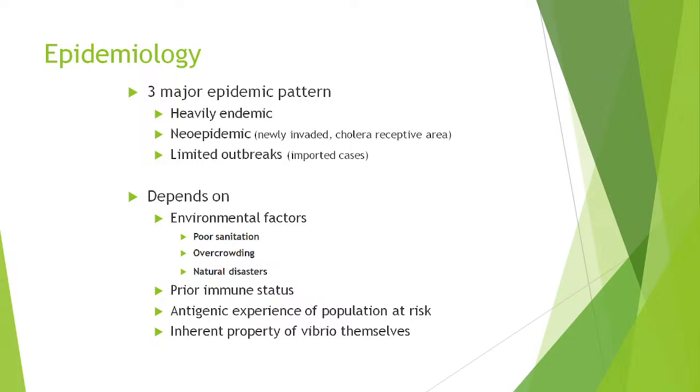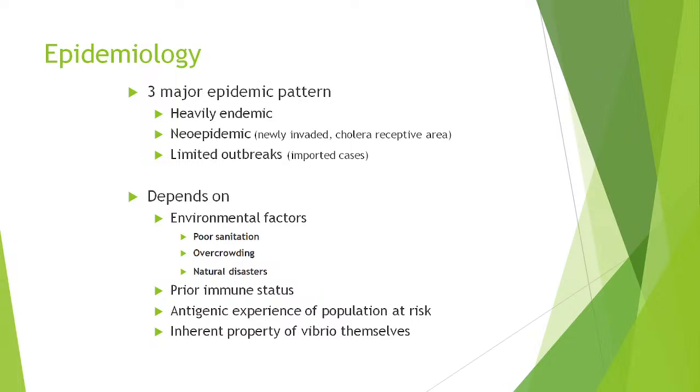So what are the different factors due to which Vibrio outbreaks can occur? One is the environmental factor, that is, poor sanitation, overcrowding, natural disaster, which we have already discussed. Second is the prior immune status. Sometimes we are exposed to certain pathogens, we may have suffered infection. So what is our prior immune status? It also determines our infectivity.